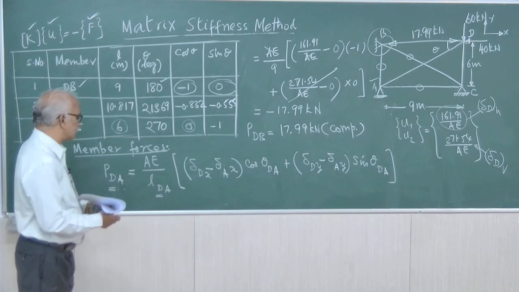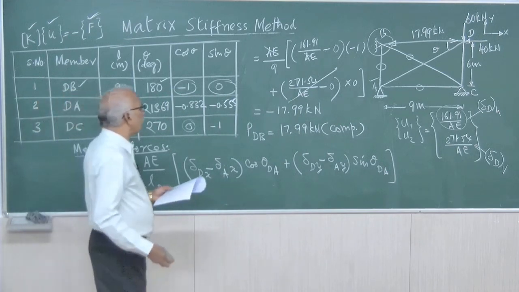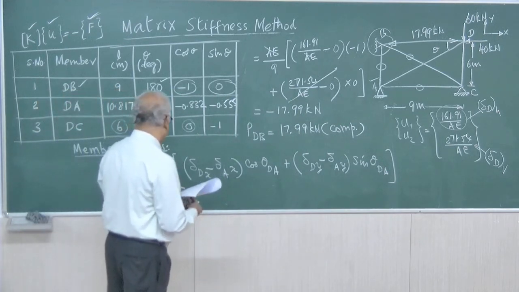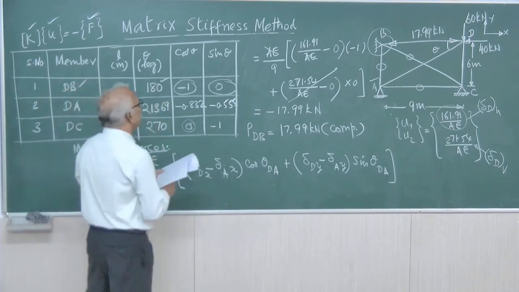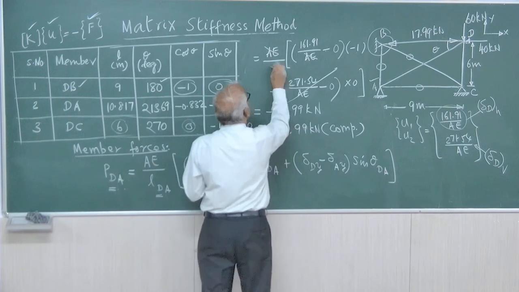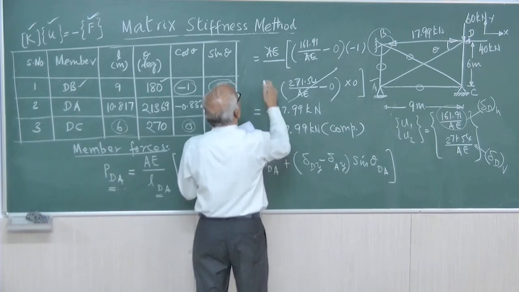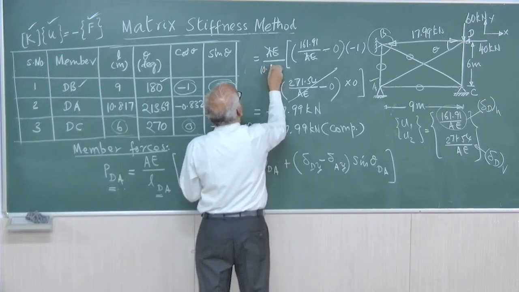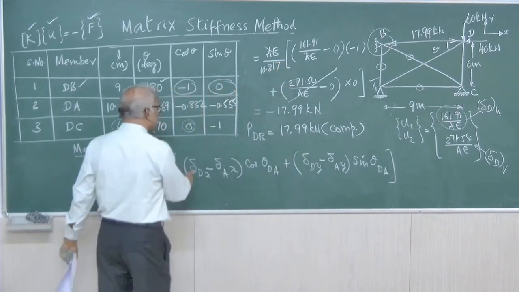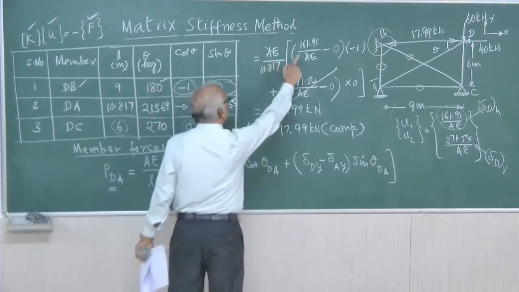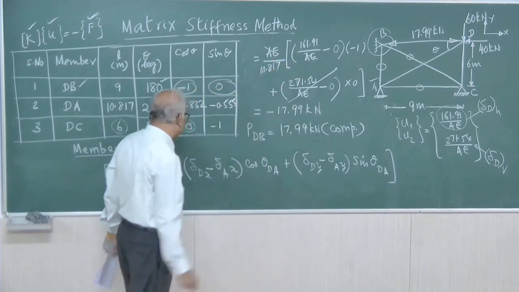So for this, again, AE by L for the member DA is 10.817. Delta dx is the same value, 161.91.